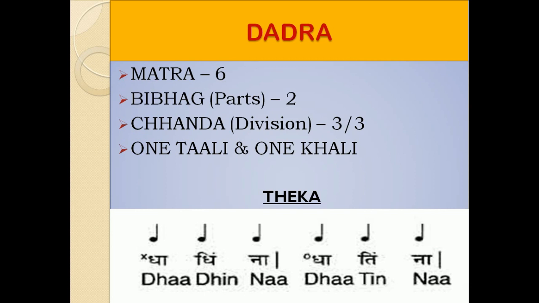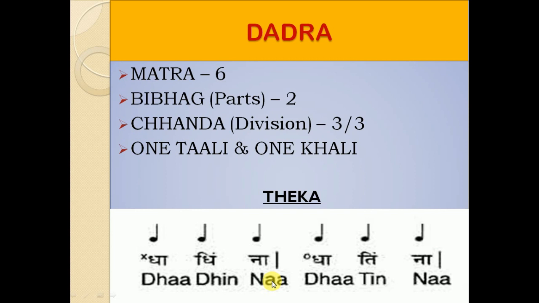I'll be providing a link also in this tutorial, so you can check out that link and go and see the tutorial. Now here dhin and na will not be represented by your clap, it will be done by finger. So only dha clap, and then dhin finger, and then na finger.